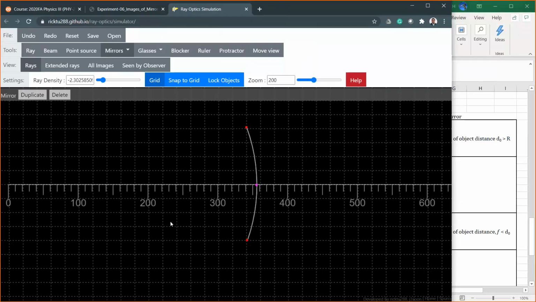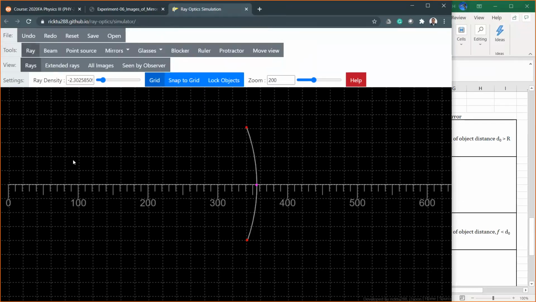Now what we need to identify is the focal point. To identify the focal point, what we need is just parallel rays. All the rays parallel to the principal axis, after reflection, should pass through one point called the focal point. So let's create the parallel rays. Click on the ray and then click anywhere on the grid.